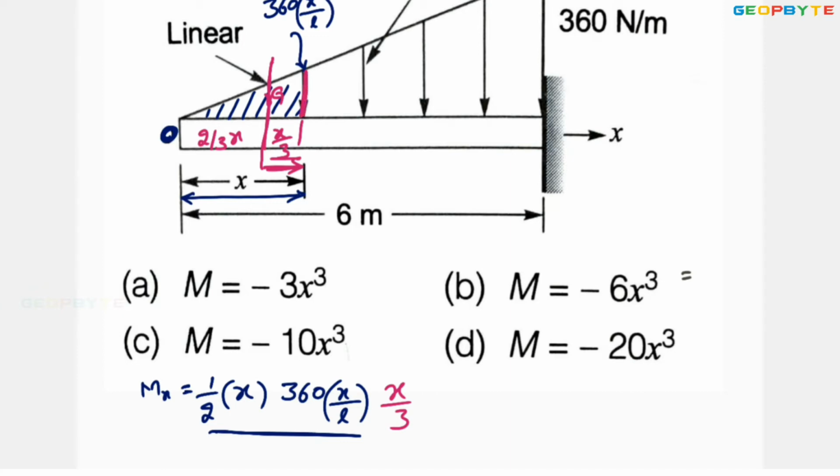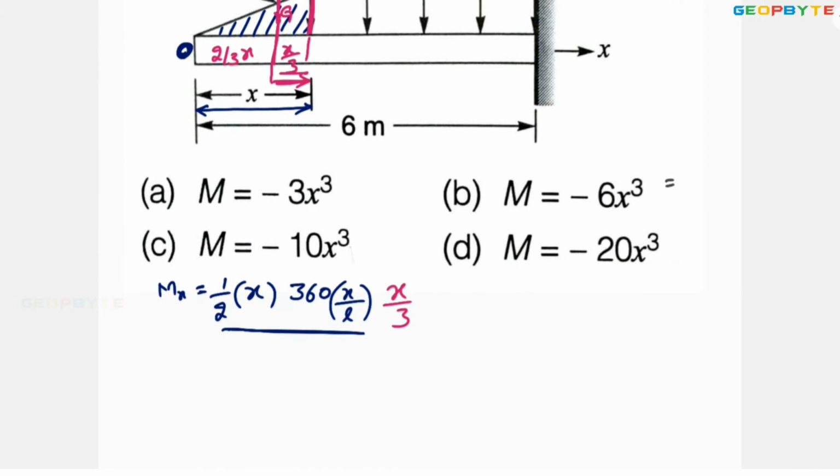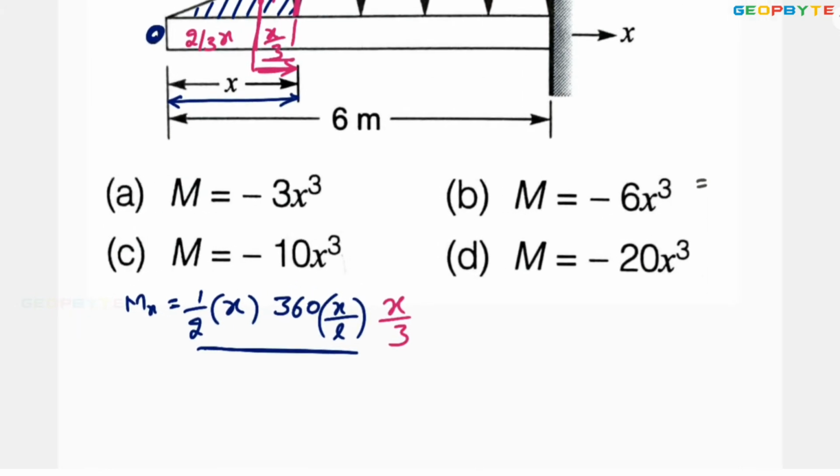So we are finding the bending moment at a distance of x. Therefore, the point load at the center of gravity multiplied by this distance, which is x by 3. You simplify this value, definitely you will get the required answer. One minute.